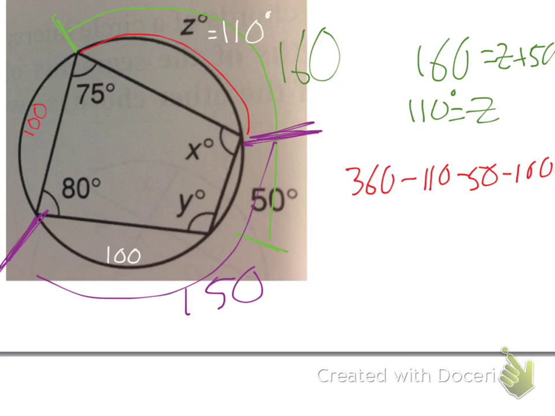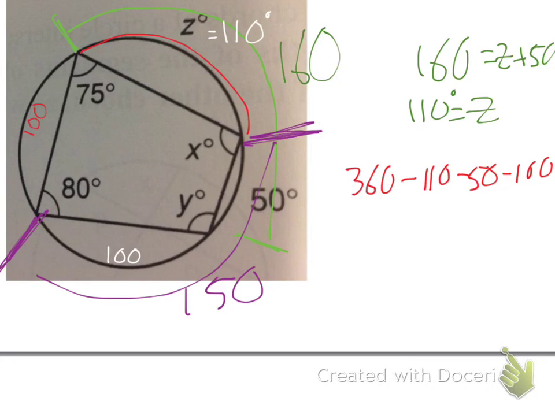But why was it important to find that? I know all of the arcs, which will lead me to find all of the inscribed angles.